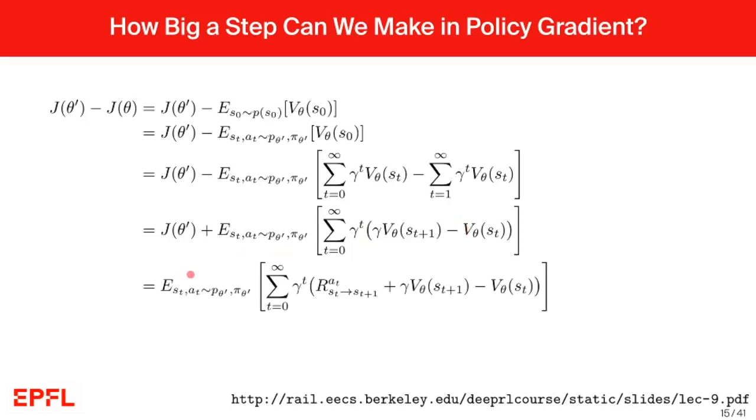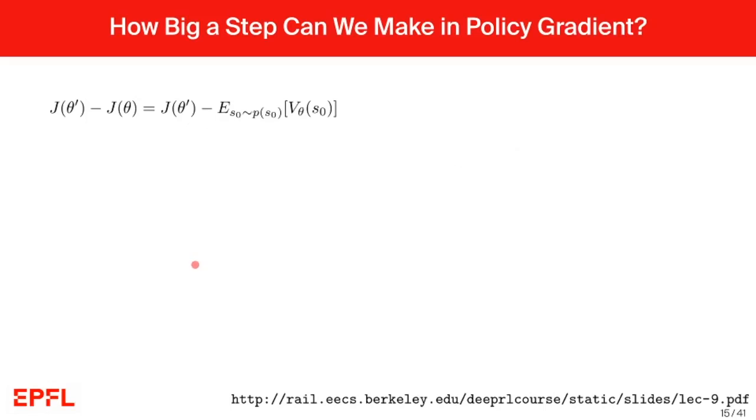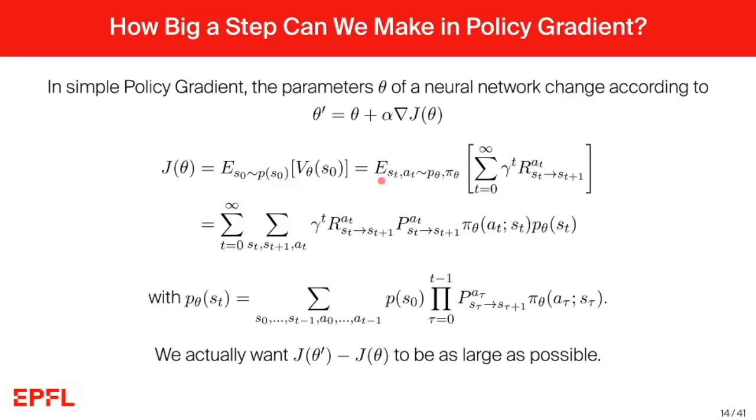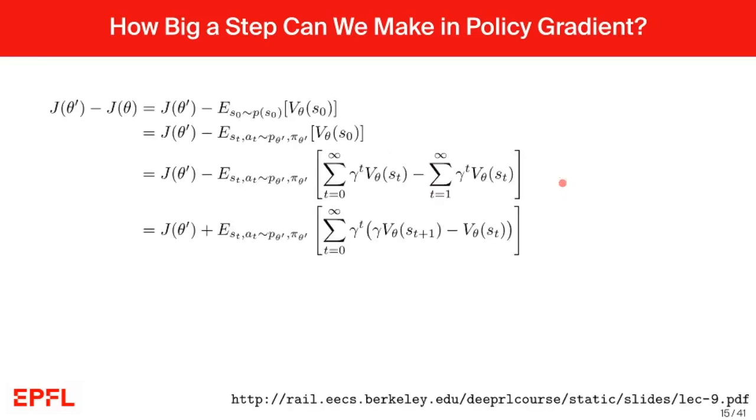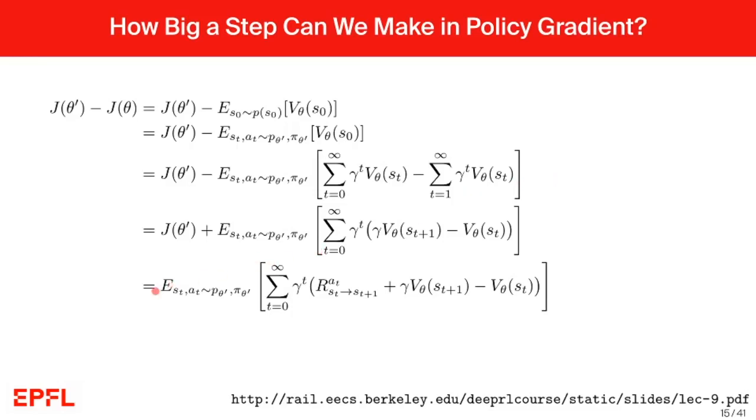In the next step now, I plug in the definition of J theta prime. And if we look back to this line here and plug that in for theta prime, then we see that actually this first part here just corresponds to adding the term gamma to the power t times the reward that can be collected in state s t when transitioning to s t plus 1 under the action a t.